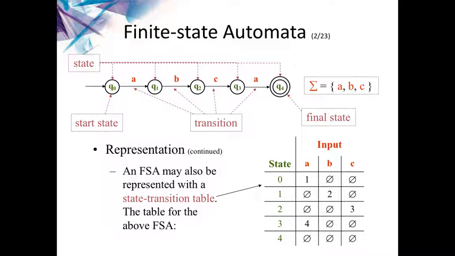As you can see, the start state is being pointed by a pointer, and the accept state is being drawn as a double circle. For any finite state automata, you can have a single start state, but multiple acceptance states.